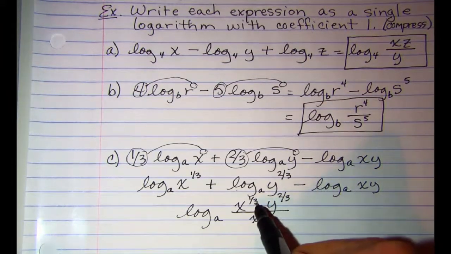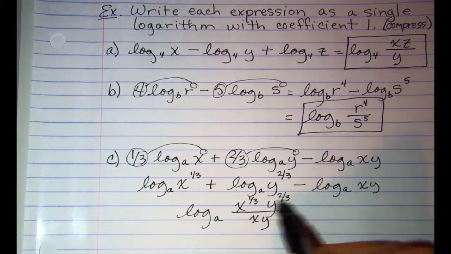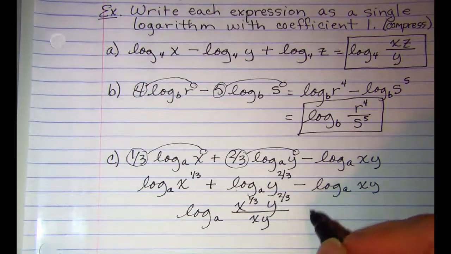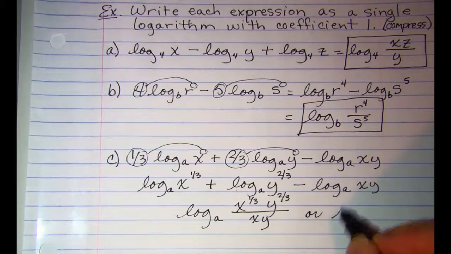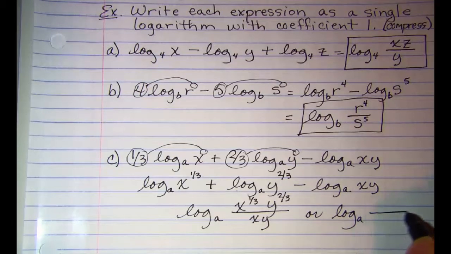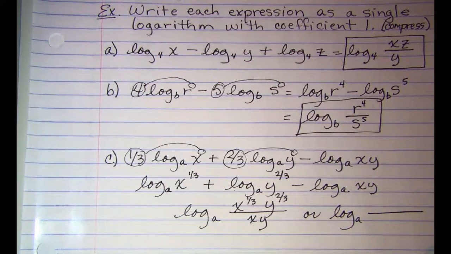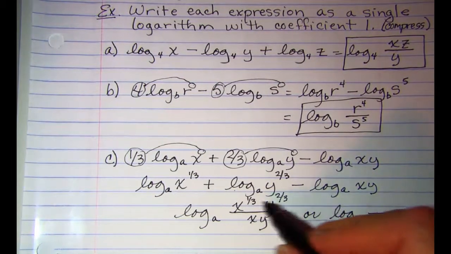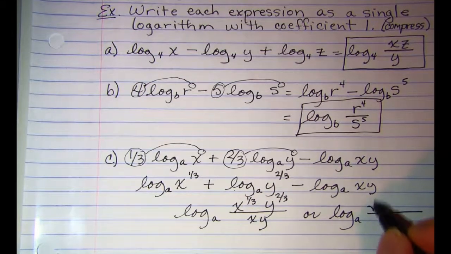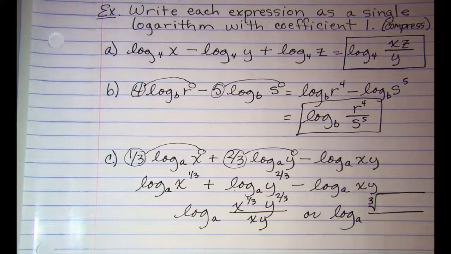Now, since both of these are to the 1/3 power, that's a cube root, so I could rewrite this with a radical. Just depends on what your directions call for. But both of these are to the 1/3 power. So if I have 1/3 power, that means it's a cube root.